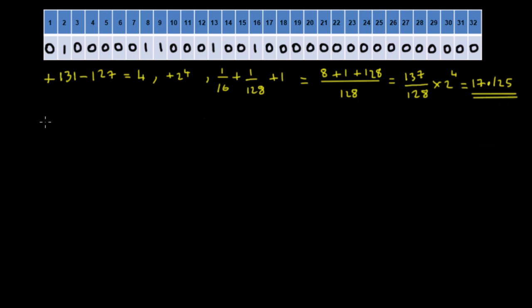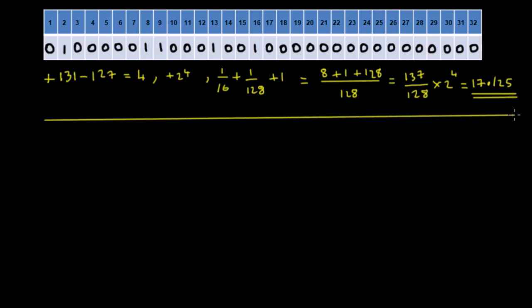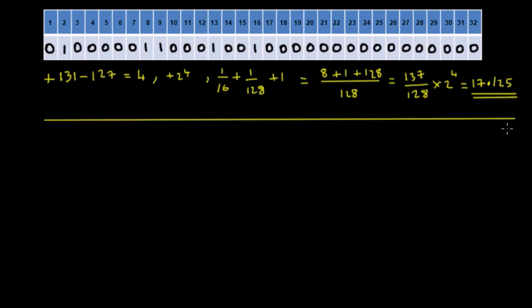So let's go ahead and we'll now do the conversion from the decimal back to the floating point number. So we need to change the 17.125 into the fixed point number. So 17 divided by 2 is going to give you a value of 8, and there's 1 left over. And we divide the 8 by the 2, we're going to give it a value of 4, and there's 0 left over.